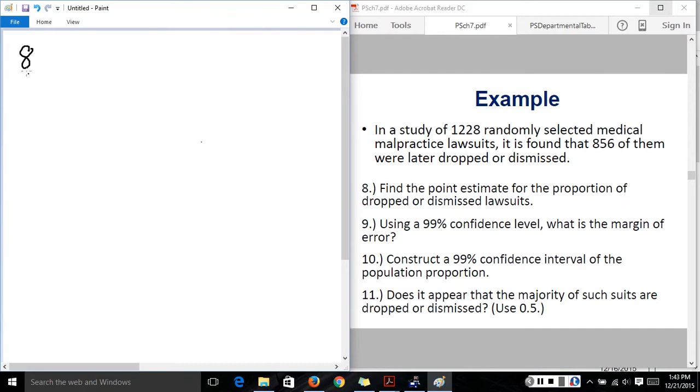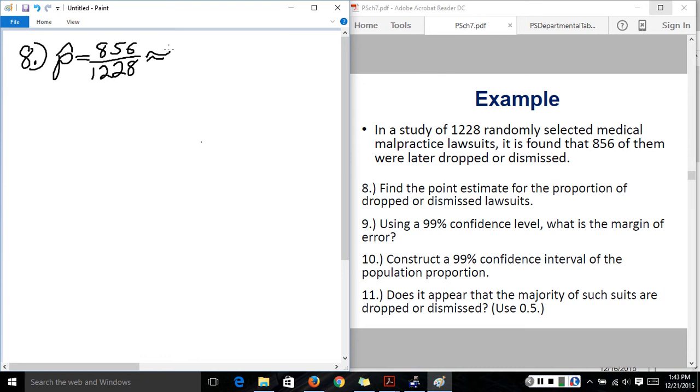For number 8, to find the point estimate for the proportion of dropped or dismissed lawsuits, we simply use the sample proportion, that's p hat. In this case, that would be 856 dropped or dismissed lawsuits out of the total 1,228.